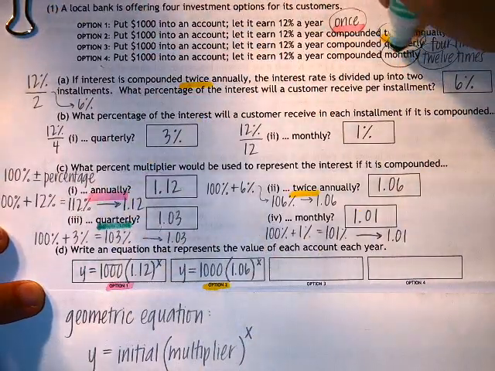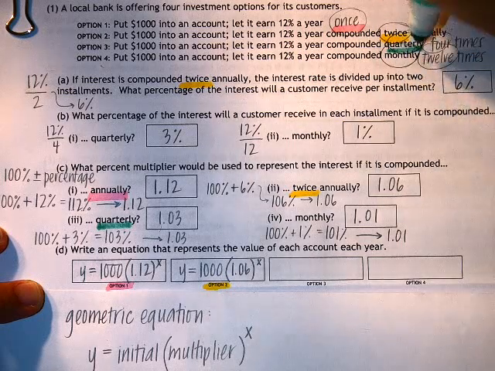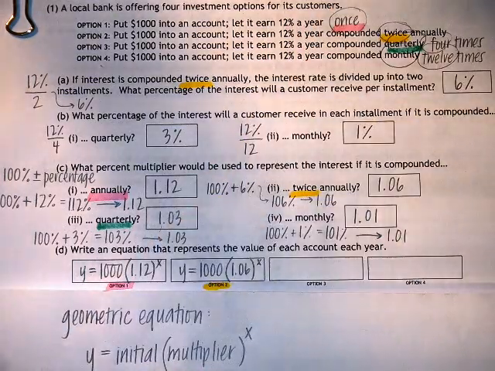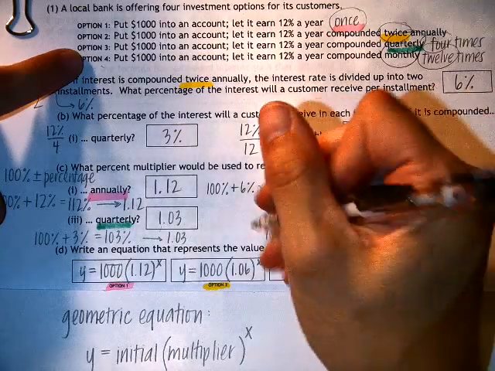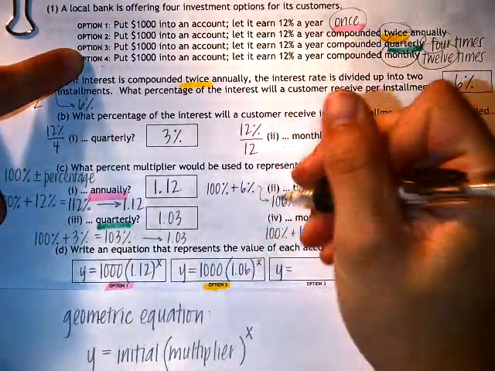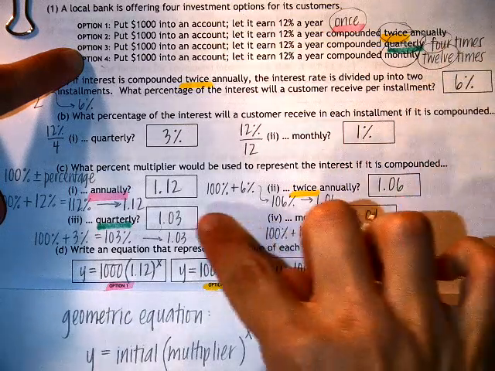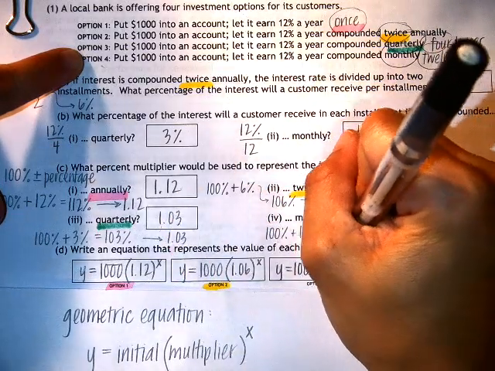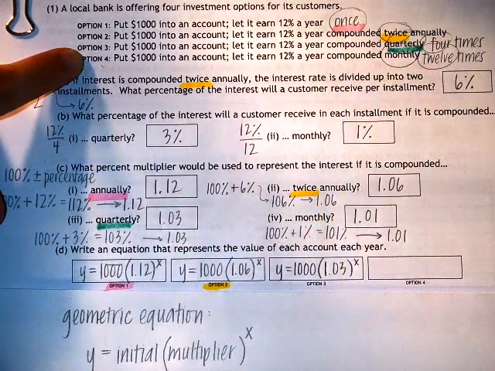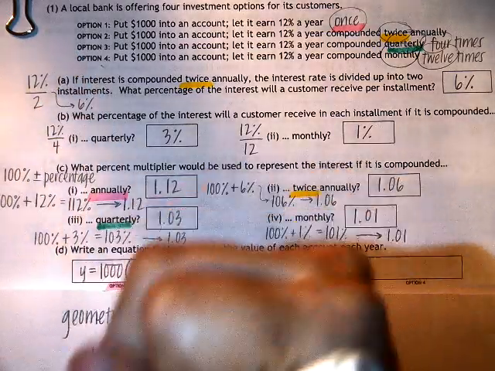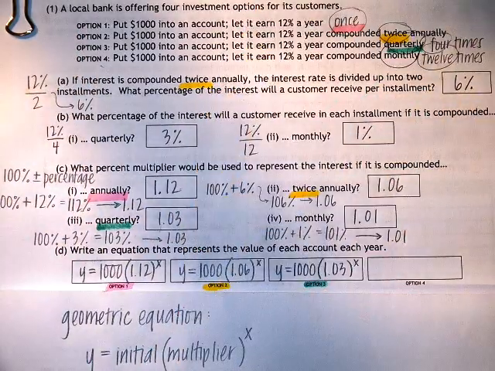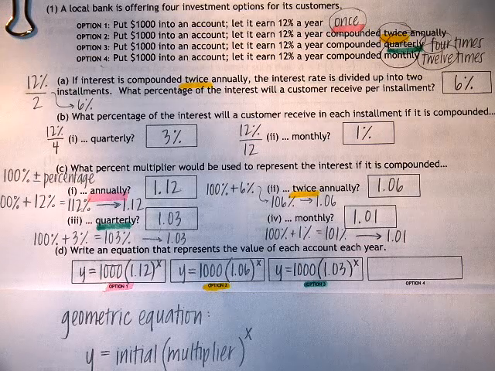The third option was the quarterly option, which was 4 times a year. We already looked at how to get that multiplier, so I'll just look back at option 3 to check. Y equals 1,000 initially. Its multiplier was 1.03 to the power of x. And then, keeping my color coding consistent, finally option 4.